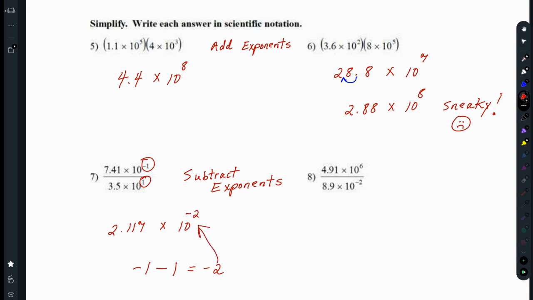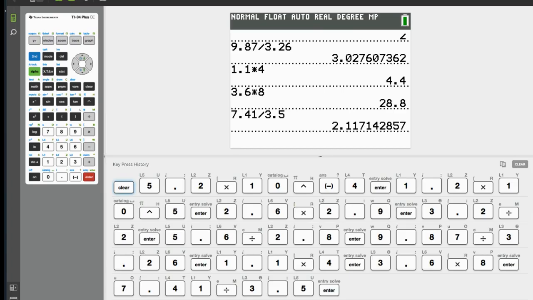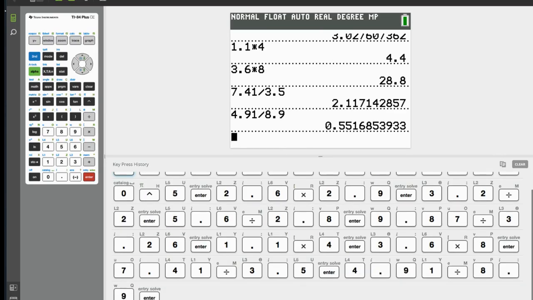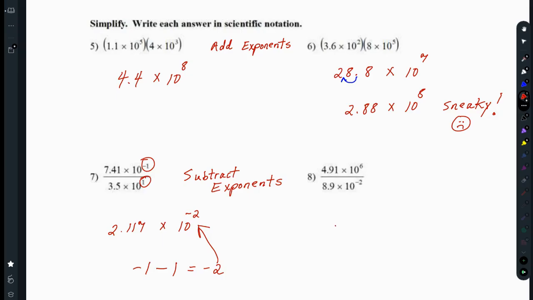All right, and 4.91 divided by 8.9 gives me 0.5517. Let's go write that down. 0.5517. Now, this is another sneaky one because this isn't giving us a number with a digit to the left of the decimal. So let's take care of our exponents here. We have 6 minus a -2. That gives me 8.